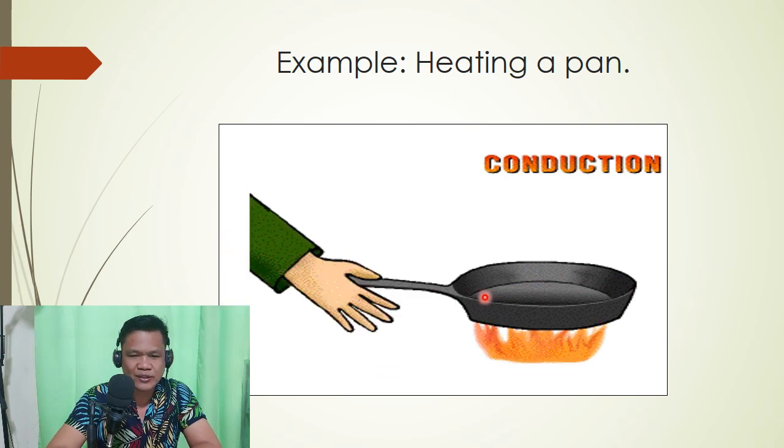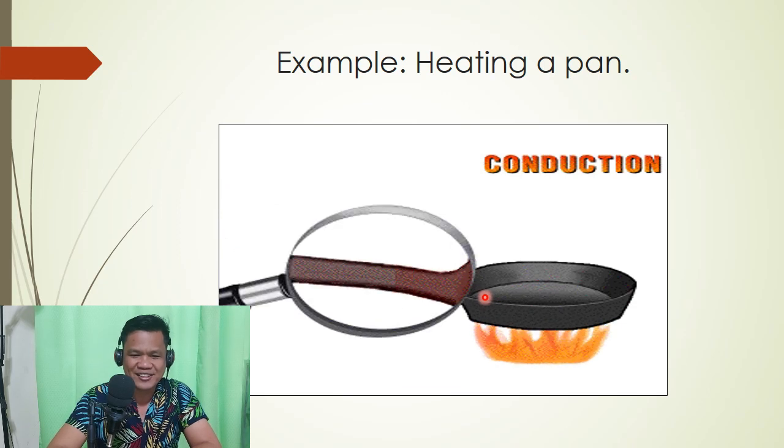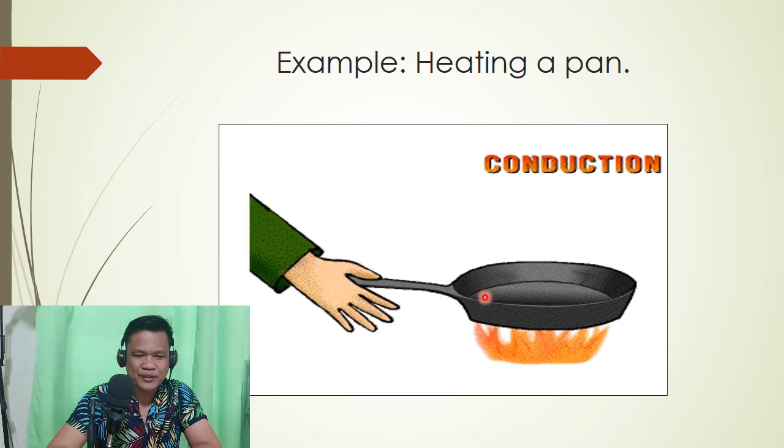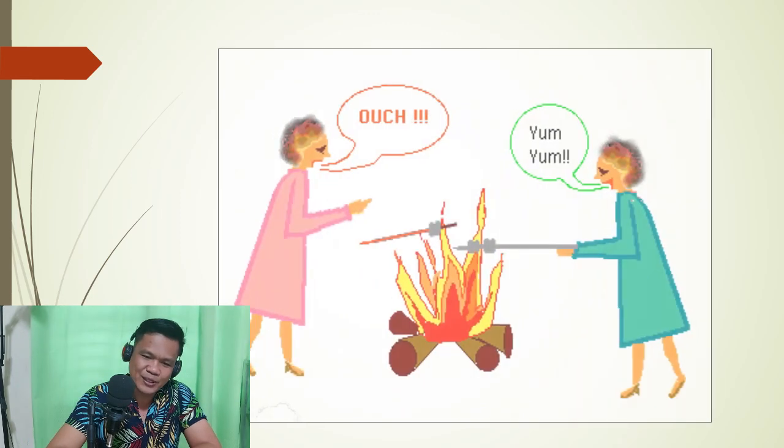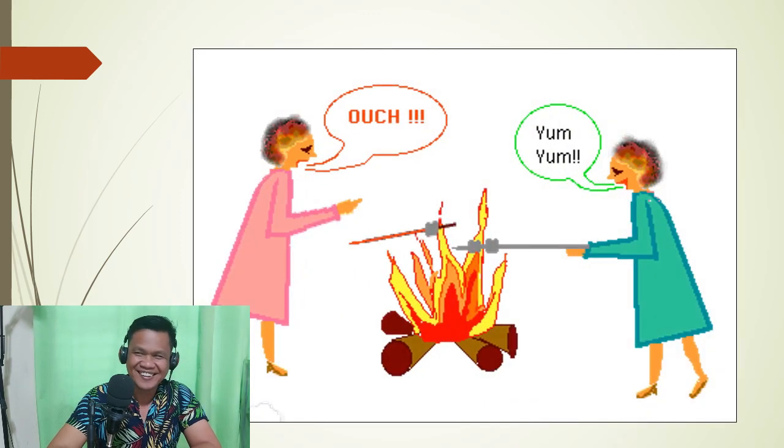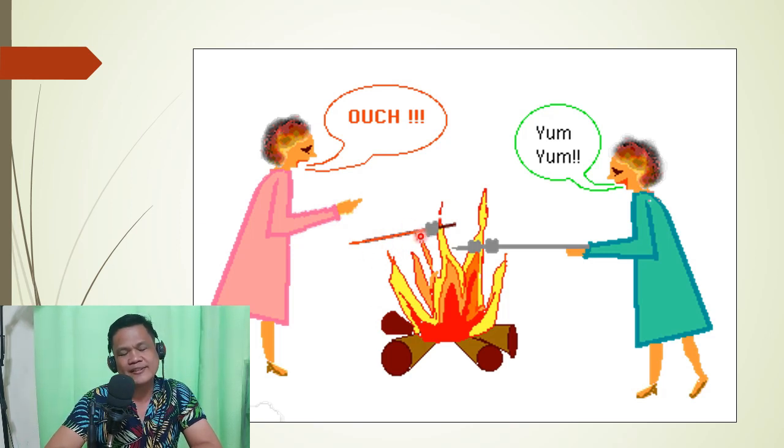I have another illustration here of two young ladies who want to eat marshmallow. They are roasting marshmallow. One of the ladies uses a wooden stick, and the other one uses a metal rod.